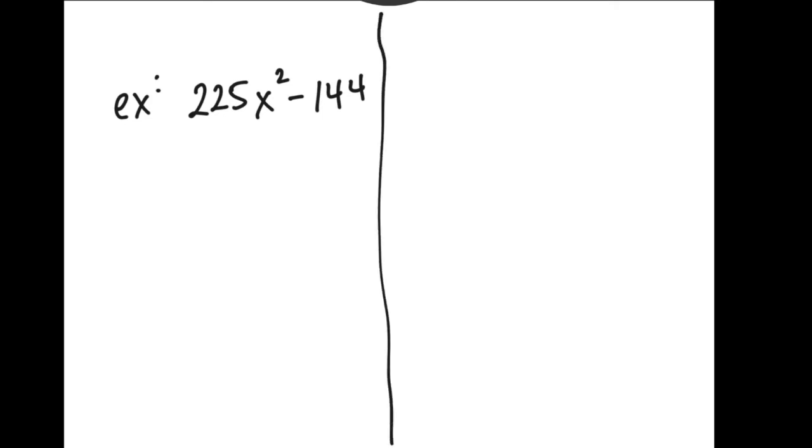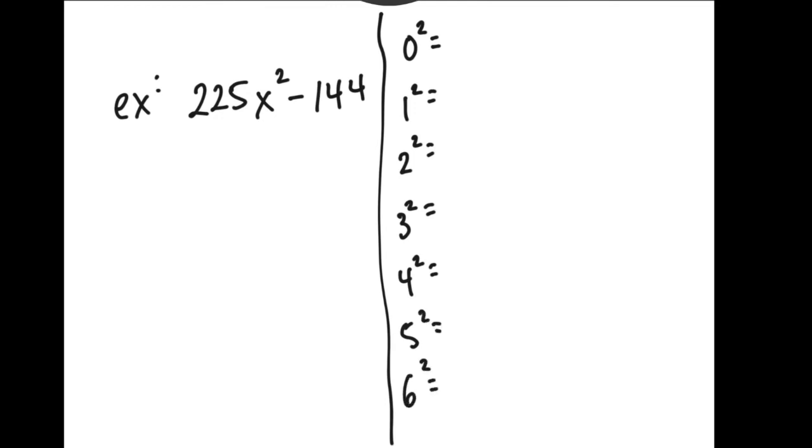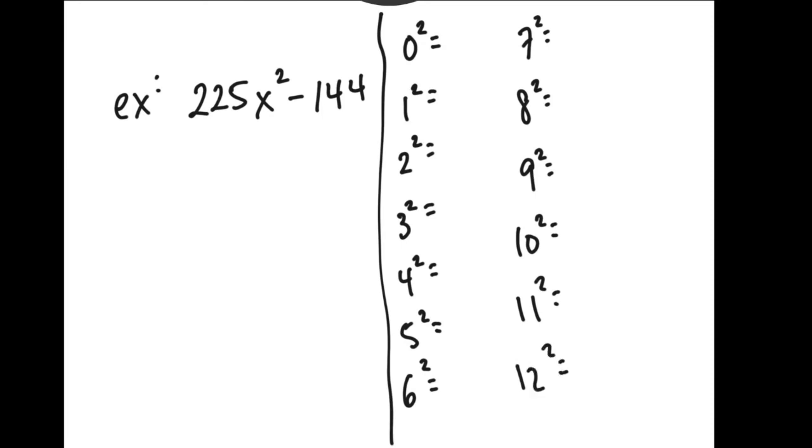So let's try another example. 225x squared minus 144. 225 may seem like a big number, but let's list these numbers out. I expect you to know up to 15 to the second power.